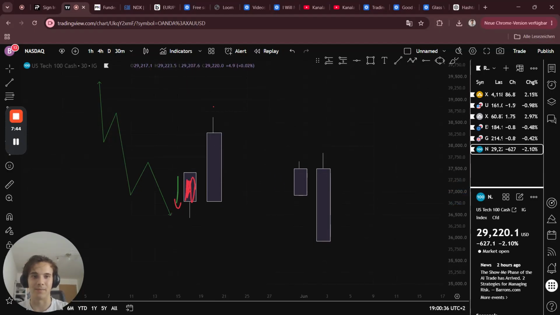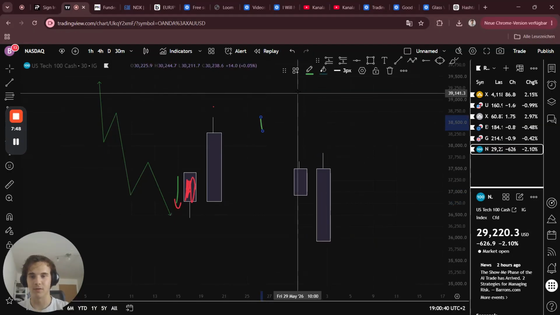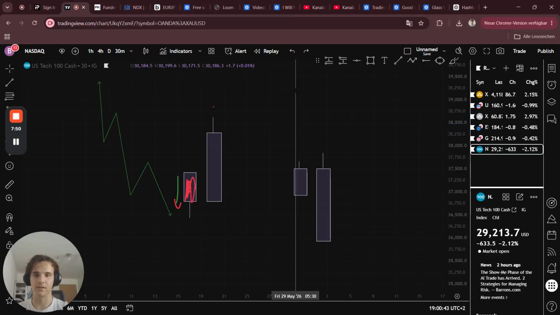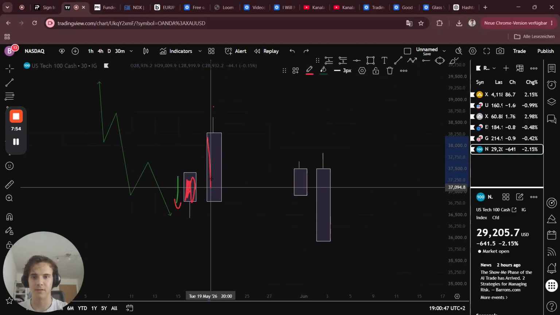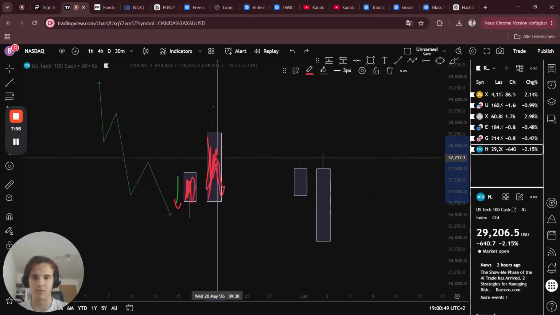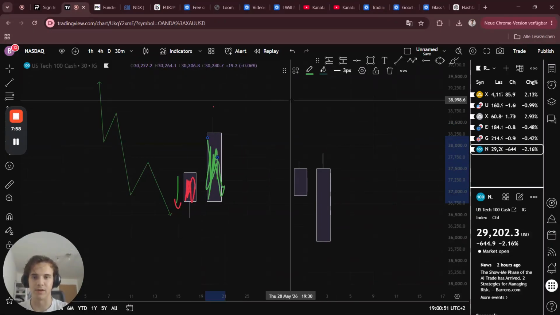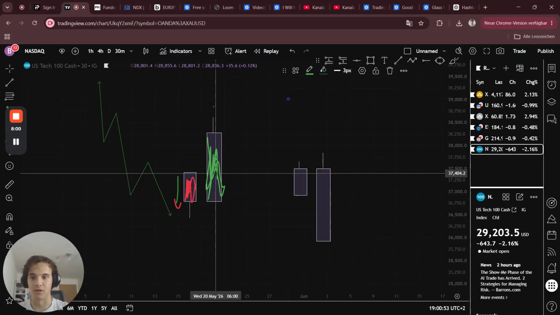Perfect. Okay, this one, for example, if we turn that to green, perfect. This one's green right now. No, oh, it's not green. Okay, we are just painting it green. This one is our bullish candle.